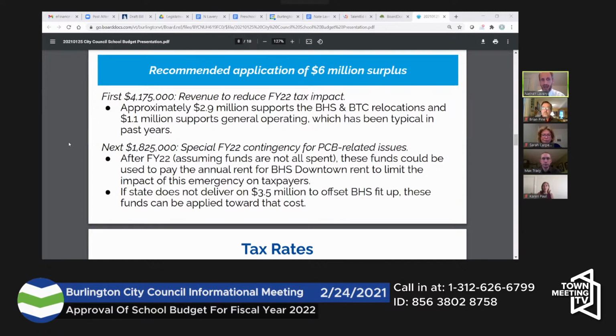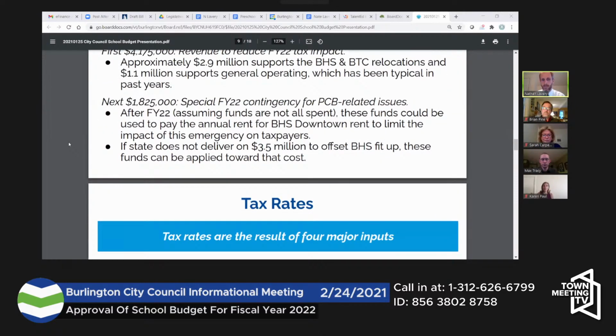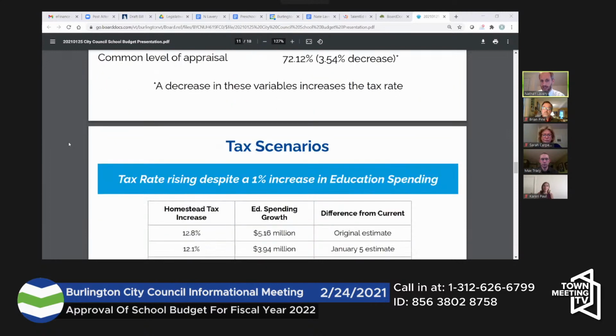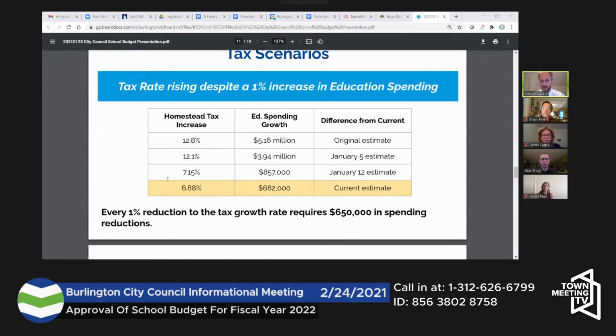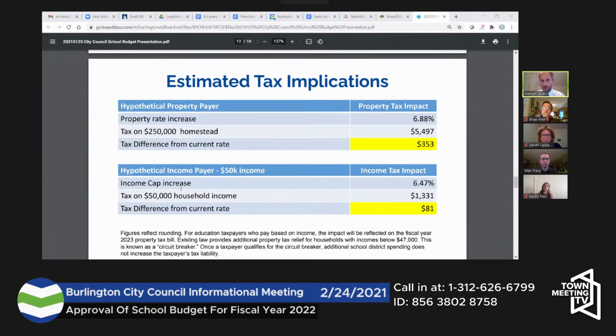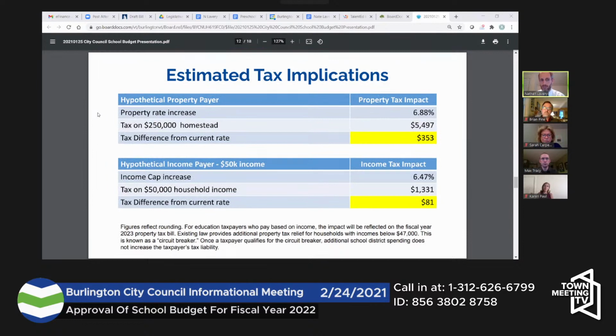We're able to put that back toward our budget next year, again reducing the tax impact. There are estimated tax impacts in our presentation associated with this budget, including a 6.88% increase in property tax rates. And we've translated that into what the budget would look like for a hypothetical property taxpayer and a hypothetical payer of education taxes who pays based on income.